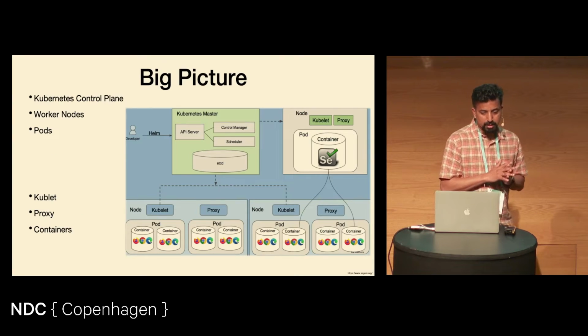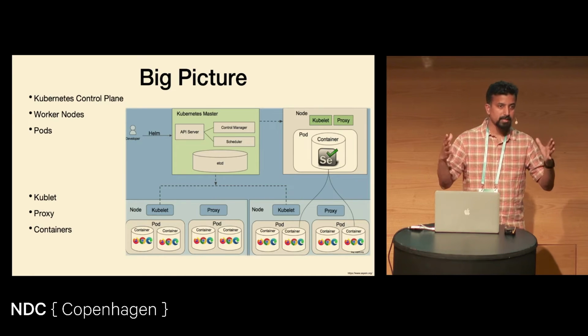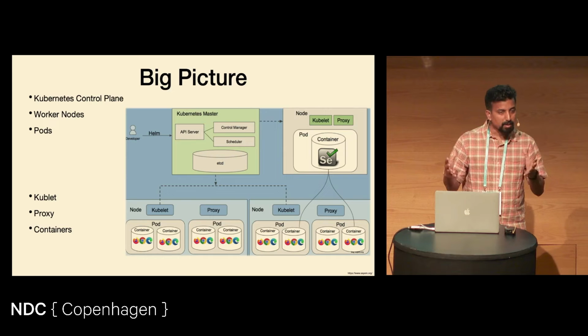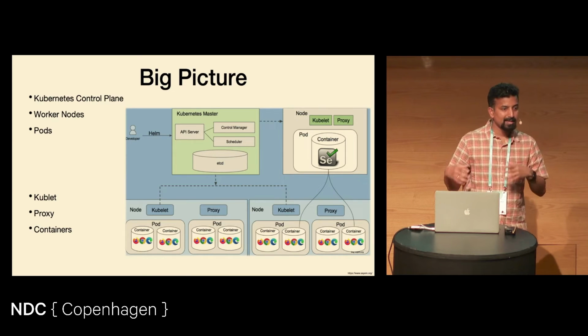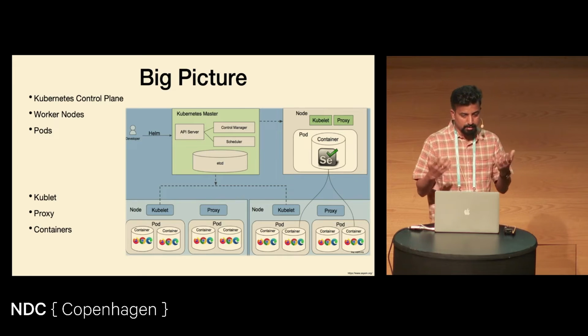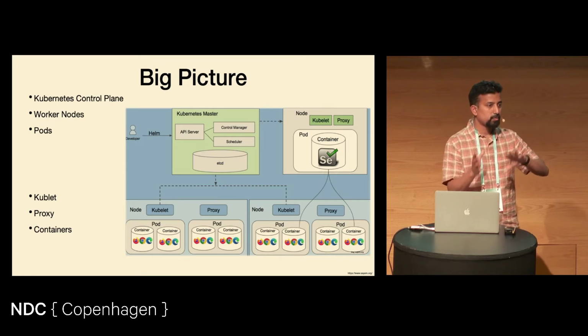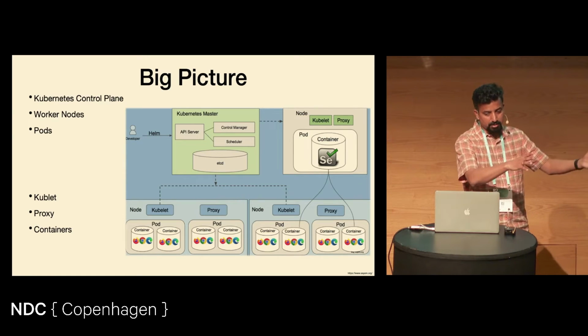So here, what you see is the overall big picture of the Kubernetes cluster. If you implement Selenium Grid on a Kubernetes cluster, this is exactly how it will look. Most of you said you know how Kubernetes looks. You have a control plane which sits within the cloud provider, and they manage it.